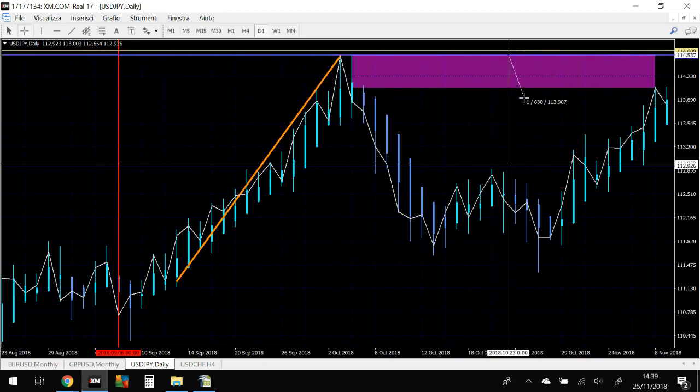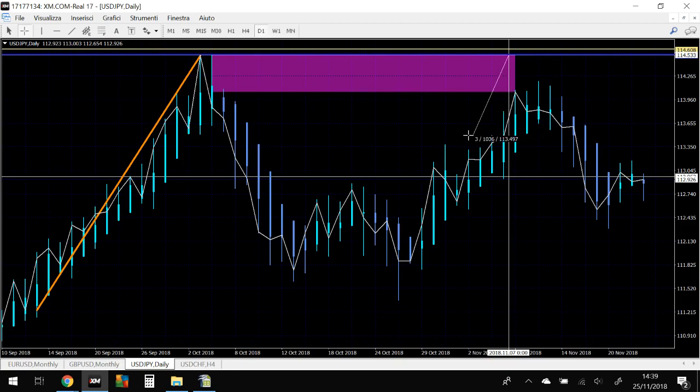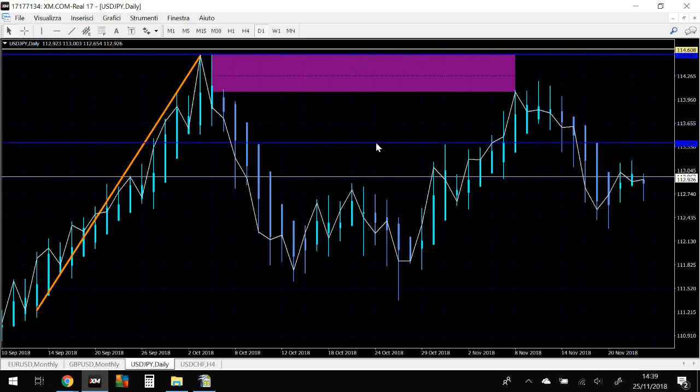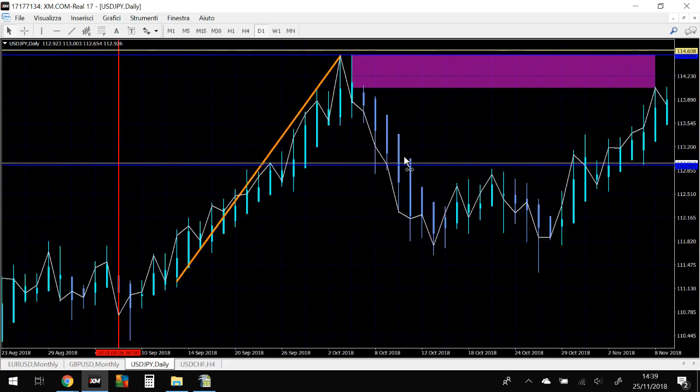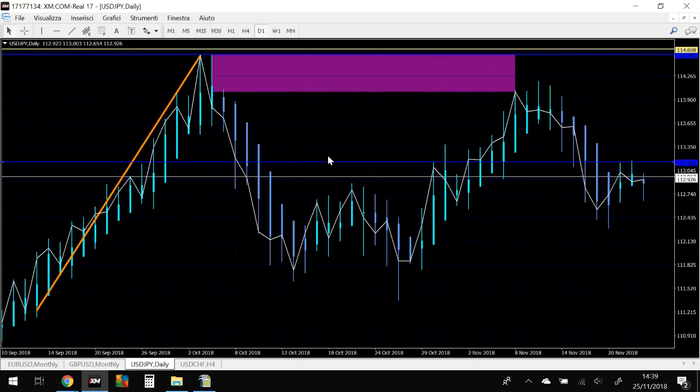Or like 100 pips, like it is around this level. So at this level here, you have 113. Around here, at this level, you have the last trade you want to take.